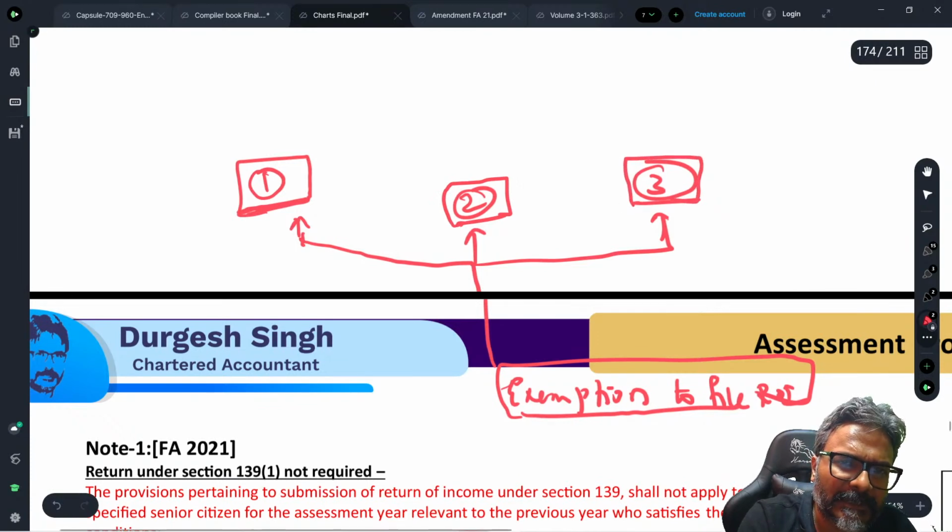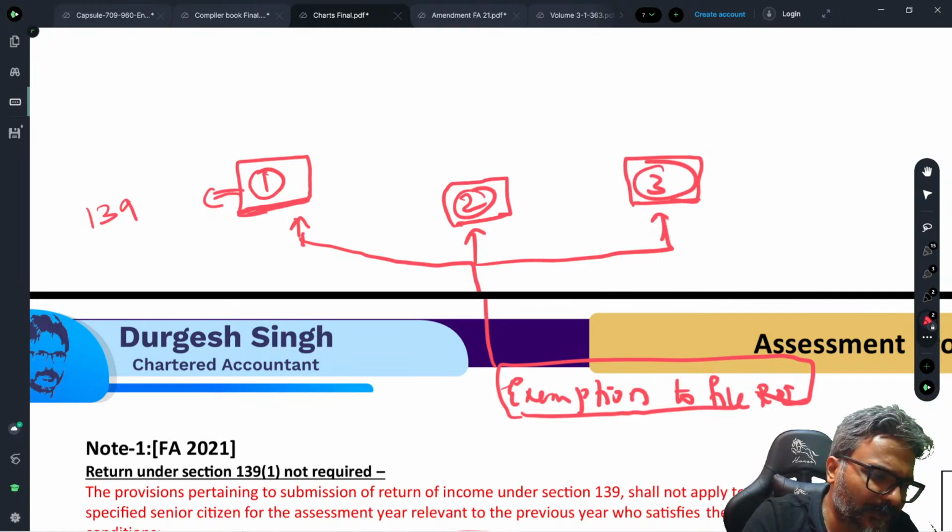If you all see over here in this context, the first one, students, under 139, the return of income will not be required to be filed. Students, are you aware of this one?